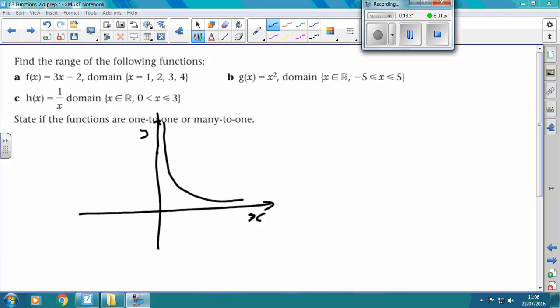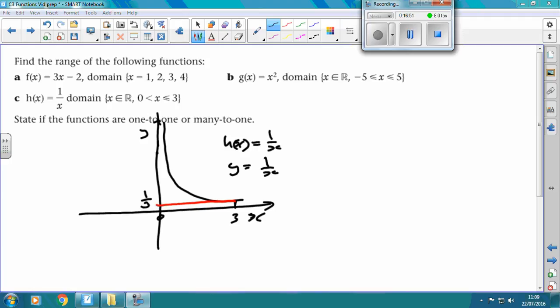That says that x ends at 3, and it doesn't quite go to 0. So what we're going to do is have a look at the y value. So when x is 3, the graph is h of x, or y, equals 1 over x. Again, remember they're the same thing. So when x is 3, the y value is a third.